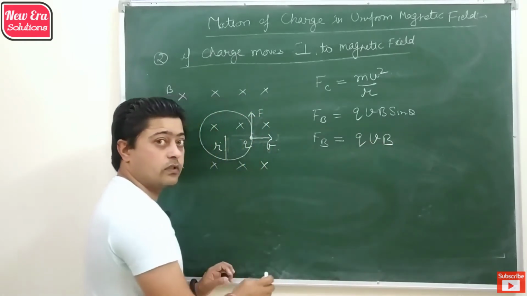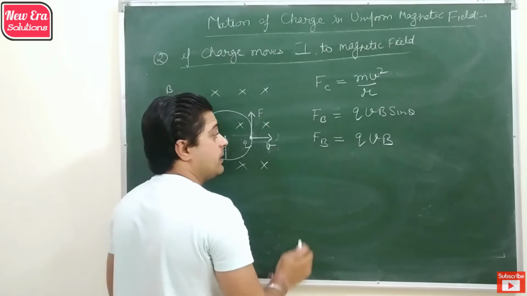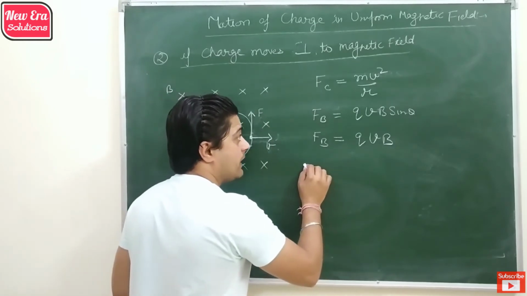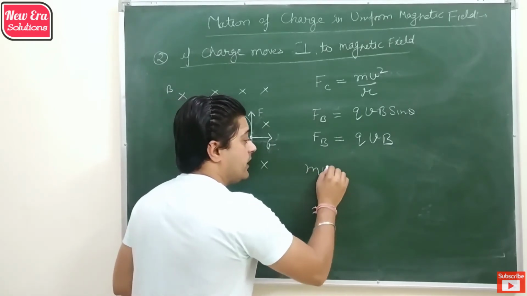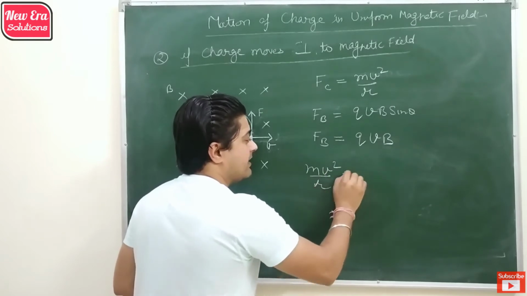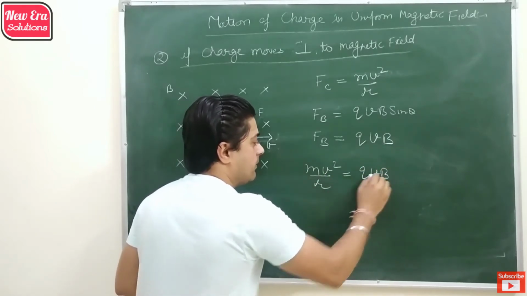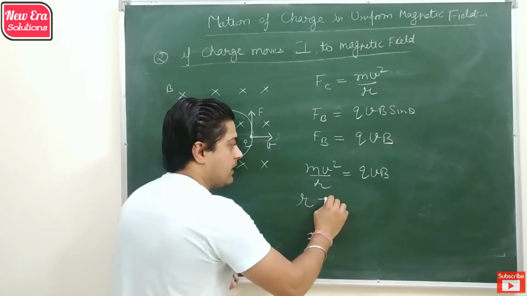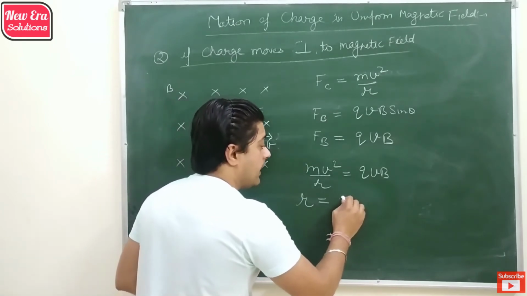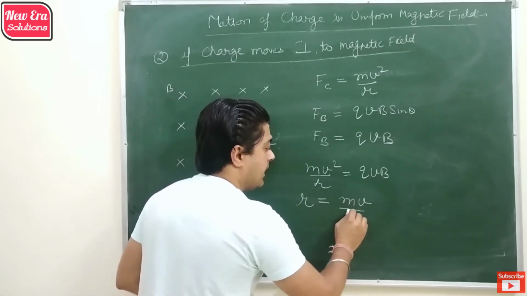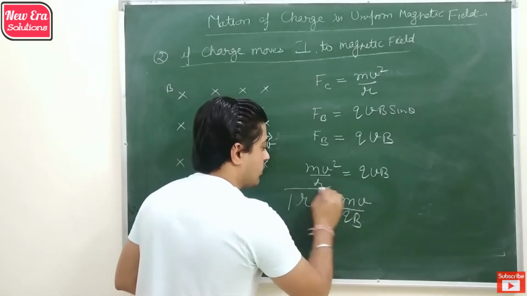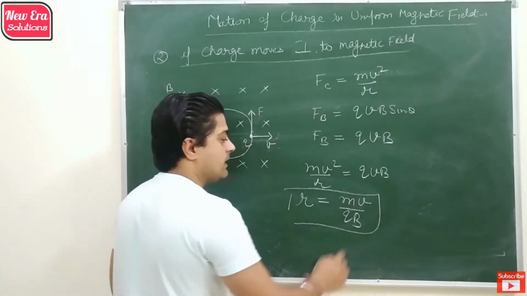This force provides the necessary centripetal force, so mv square by r is equal to QVB, and r is equal to mv by qB, because one power of velocity cancels out.